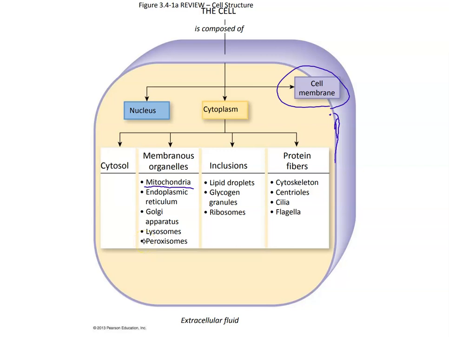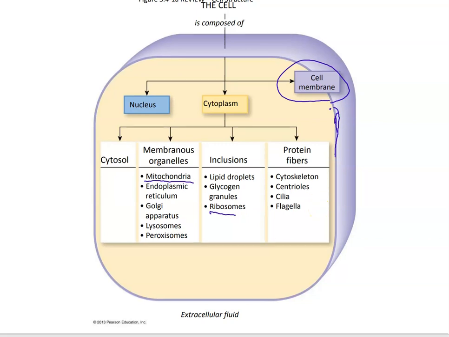And there are some inclusion bodies that we will not spend too much time on, except for ribosomes, which are also, of course, involved in protein synthesis. And then we have protein fibers that are for the cytoskeleton. They also form centrioles and cilia and flagella on the outside of cells.